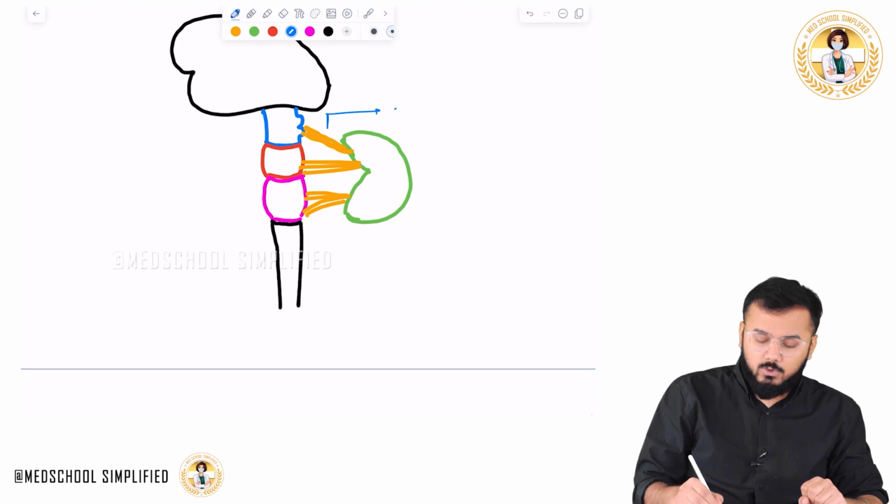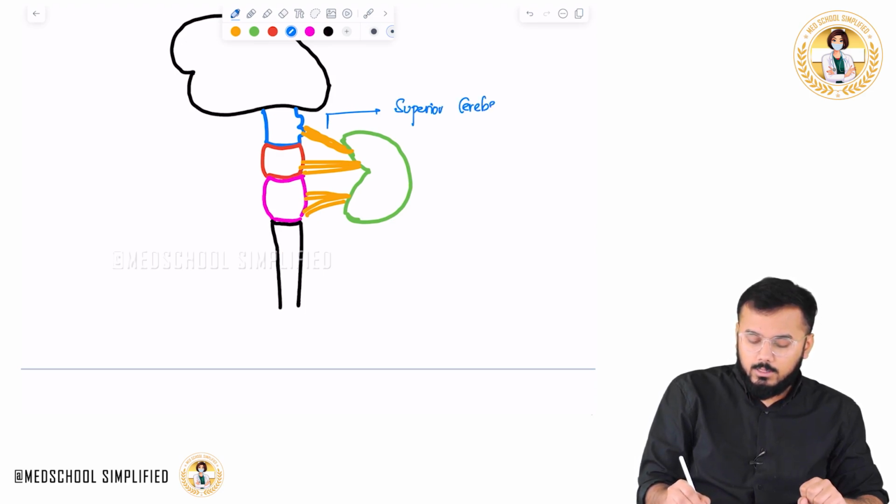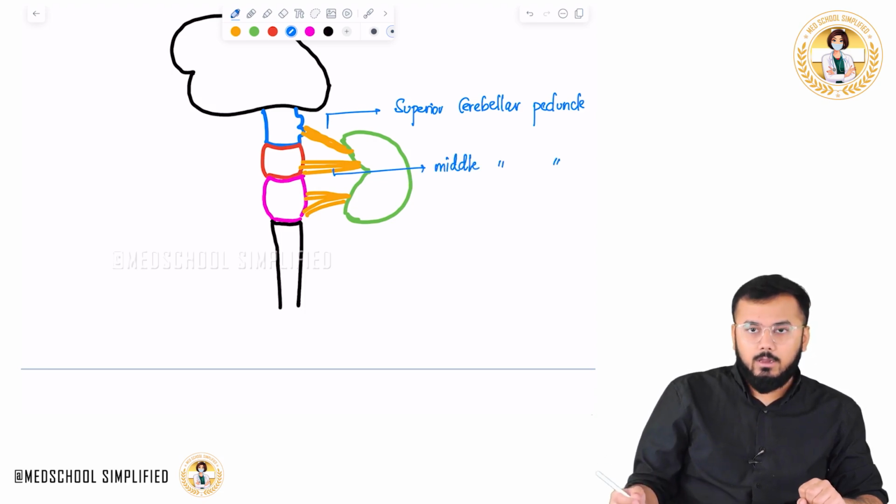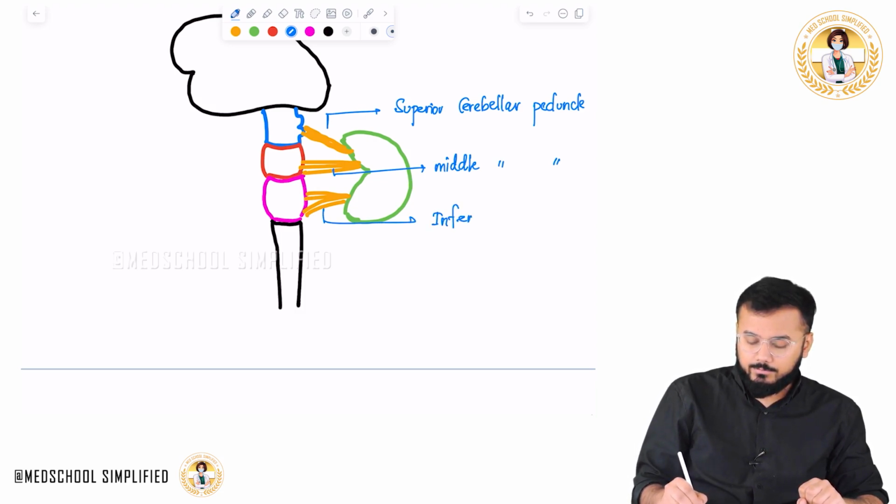For example, this one over here is called the superior cerebellar peduncle. Next, this one over here is called the middle cerebellar peduncle. And the lower one is called the inferior cerebellar peduncle.